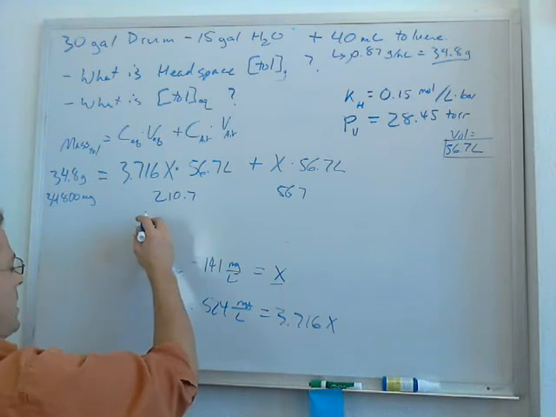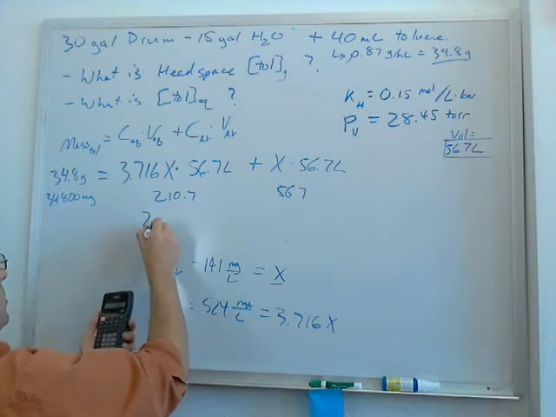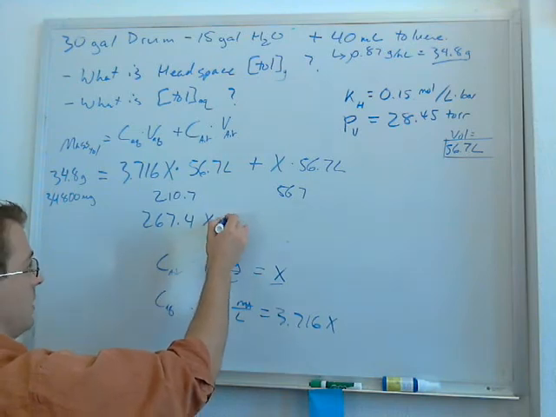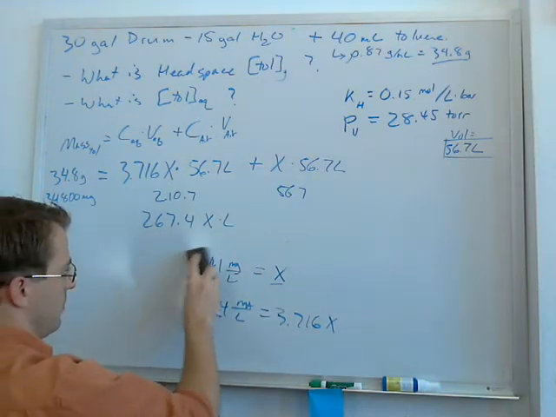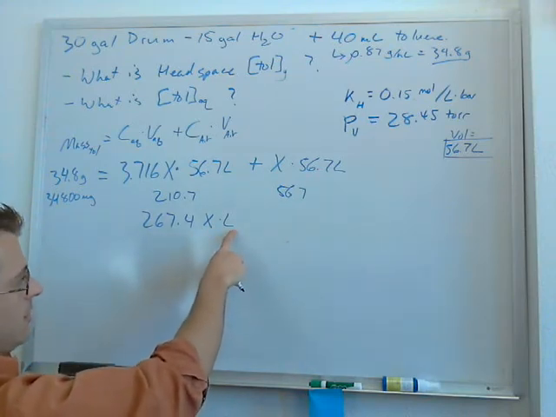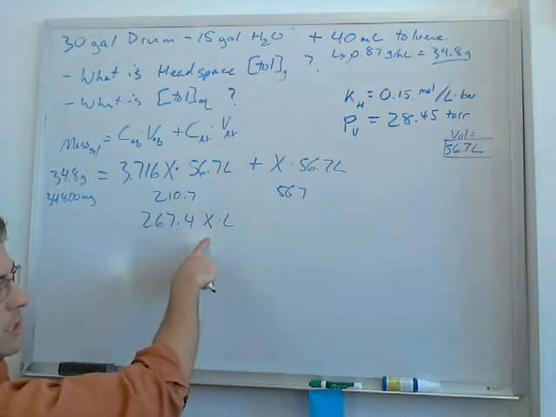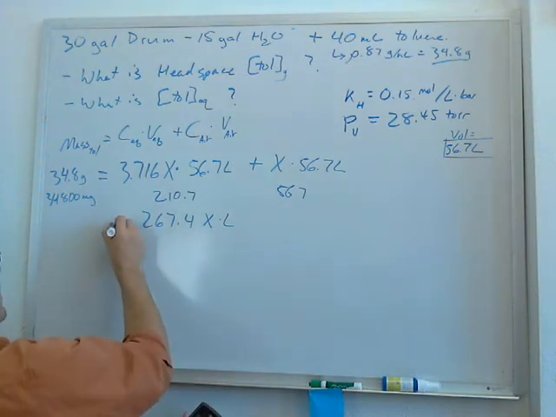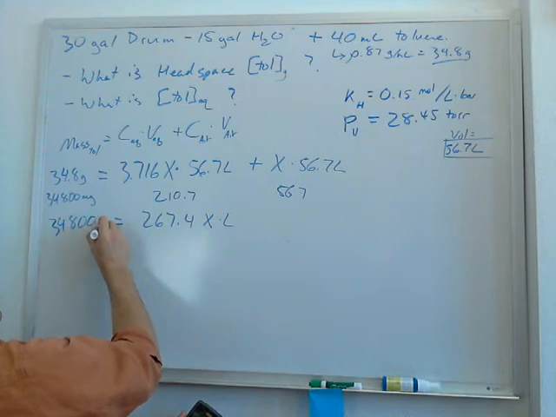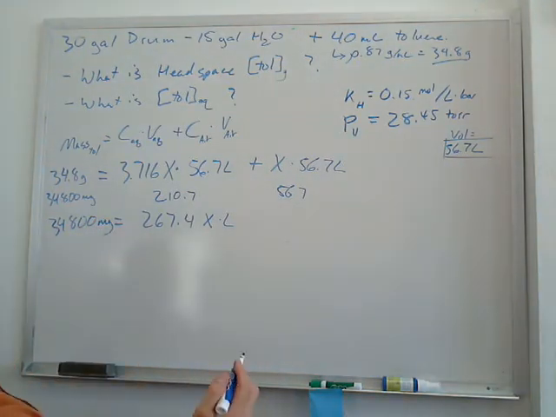So all in all, we have 267.4x liters, because x is milligrams per liter, and that's canceling out the milligrams that's implied. And that is equal to 34,800 milligrams, which is true.